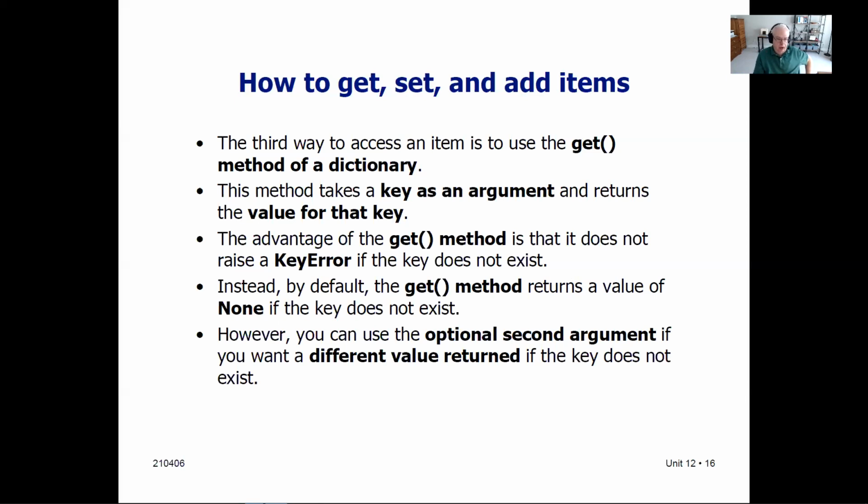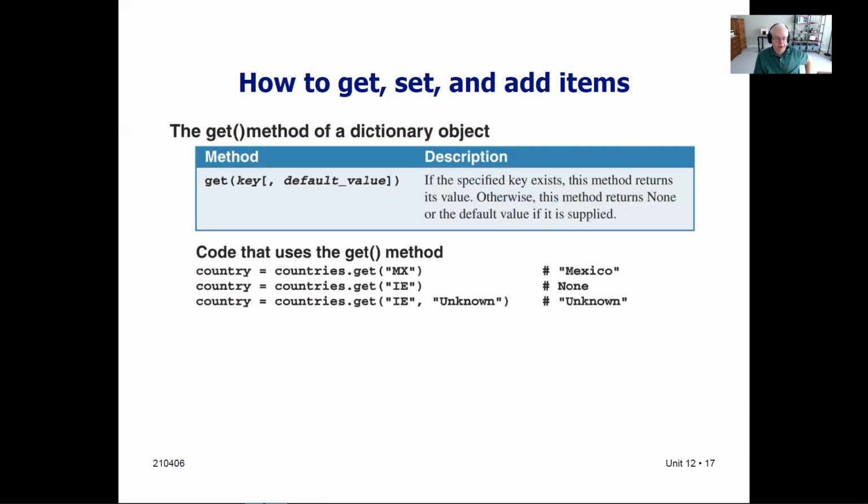So capital N-O-N-E. If that wasn't enough, it gives you a bonus. If you do not want the default word None, you can change it with the second argument in the get method, whatever you want the default to be or the output to be if there is not a key. So this is very helpful.